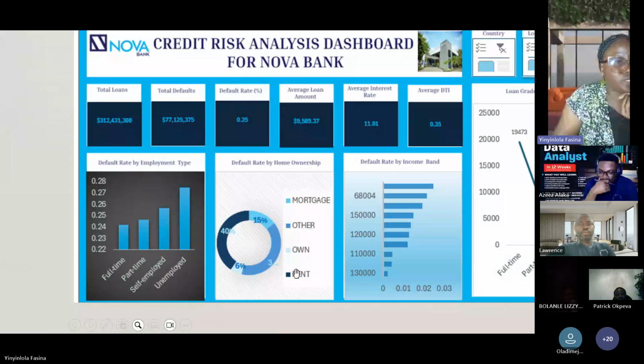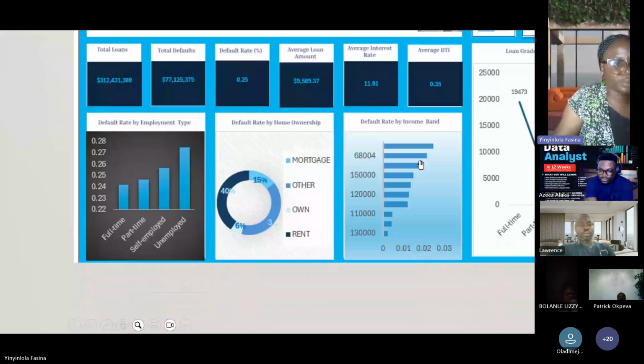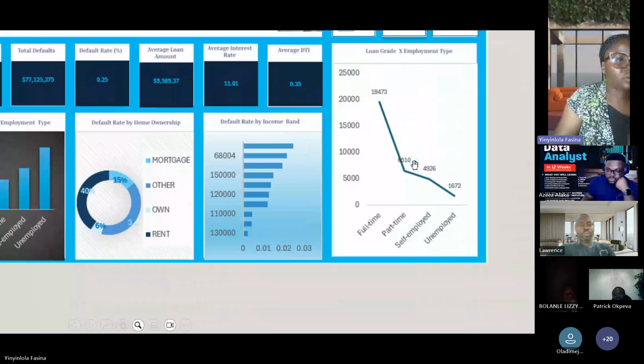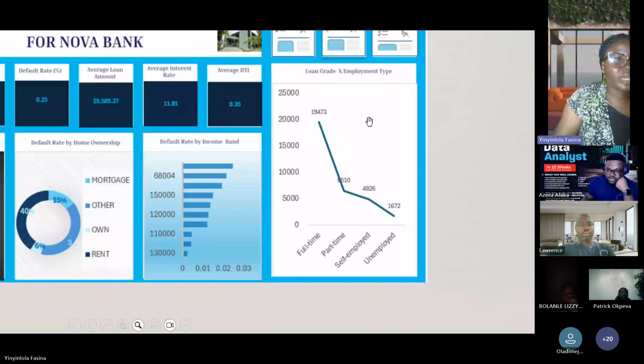For the default rate by income band, we can see that the highest defaulters are those with the least income. Then for the loan grade by employment type, we have the full-time, the part-time, self-employed, and the unemployed.